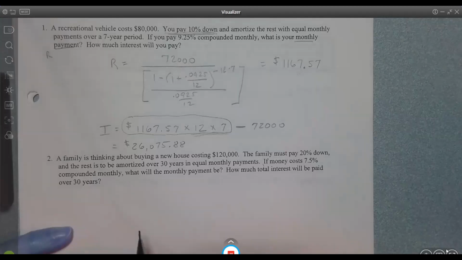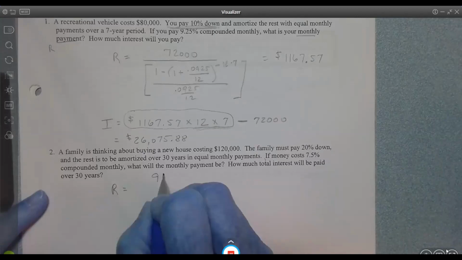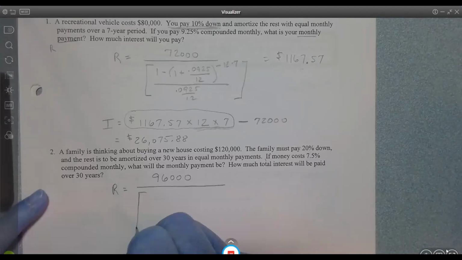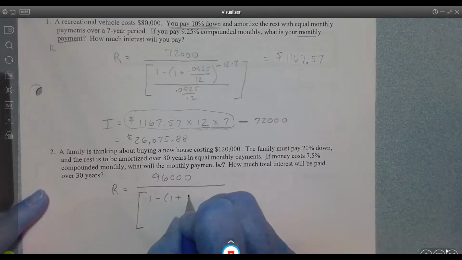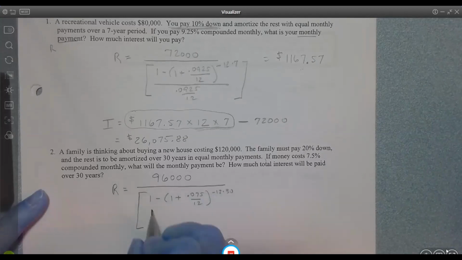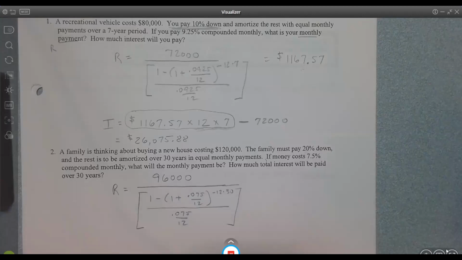Yeah. So we're going to go find the payment. Borrowing 96,000. So go find the payment. We'll see if we agree.